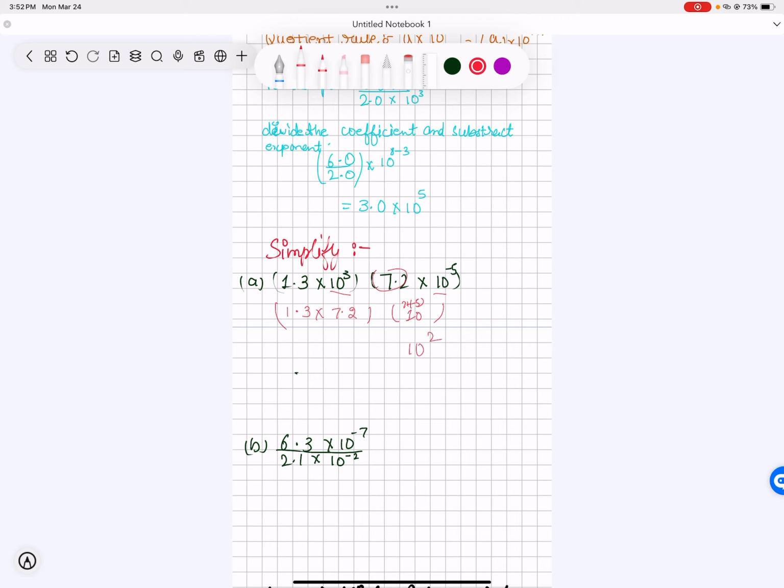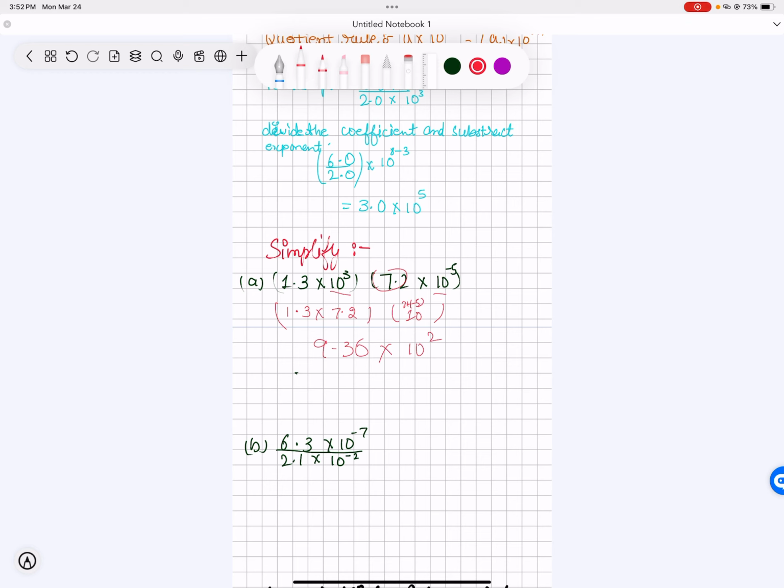And 1.3 times 7.2 is equal to 9.36 times 10 to the power minus 2. So that is our answer for this one.